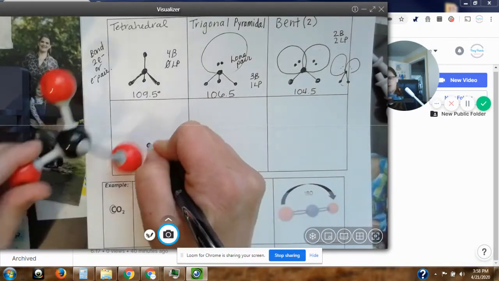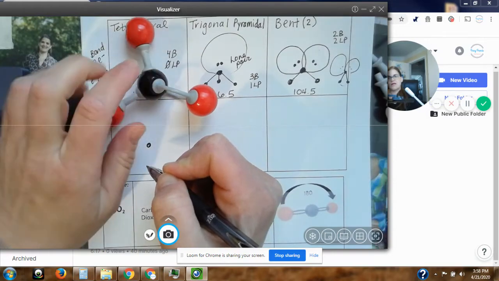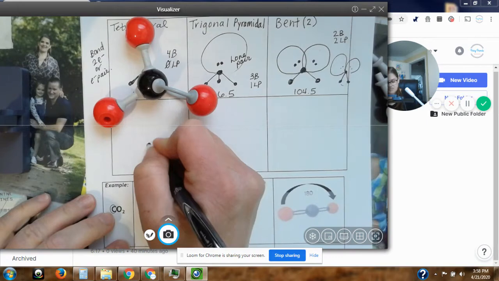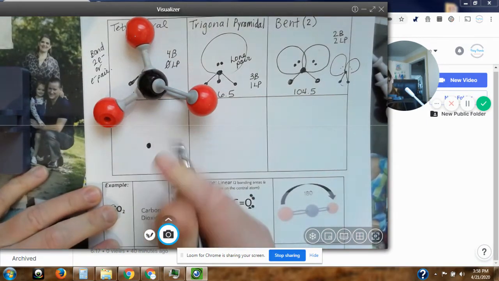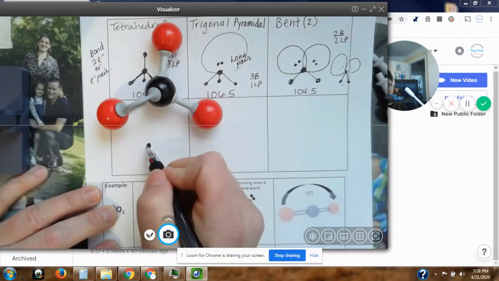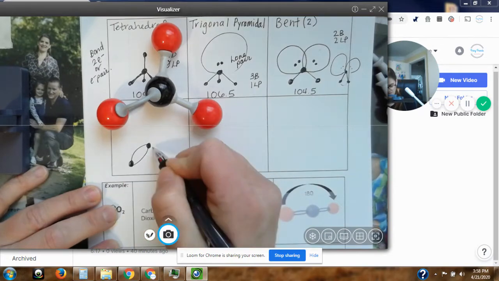So in this one, we've got maybe our carbon, or it doesn't really matter which atom is here. So we've got a central atom here. I know it's central because it's got more than one bonding area. And then I think I'm going to flip it and draw it this way. Doesn't really matter. I'm going to draw the double bond here. That's down to that red atom.